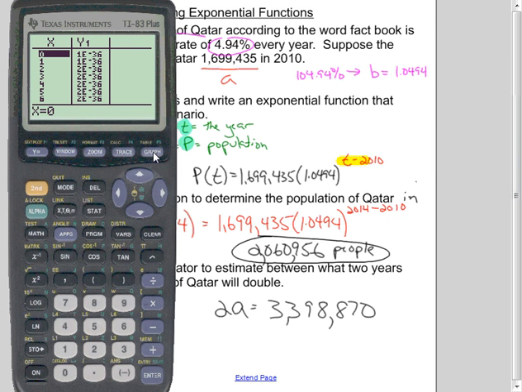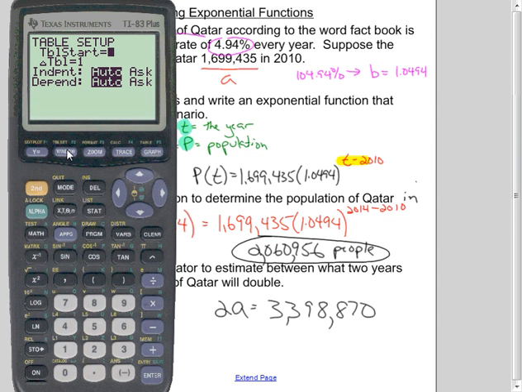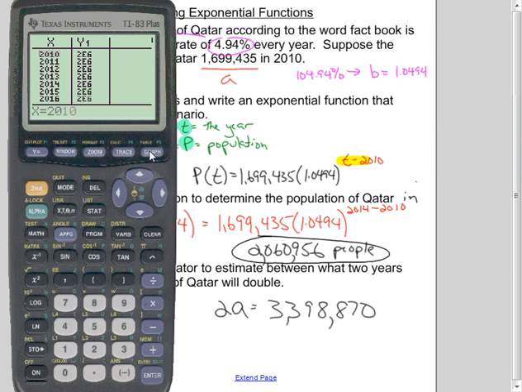Okay? So if you notice now, if I go back to my table, it's starting at 0, so that's not going to help me if x is the year. So let me go and hit second table set, and it would make sense for me to start in the year 2010 and go by ones, because now you realize that the study started at 2010.